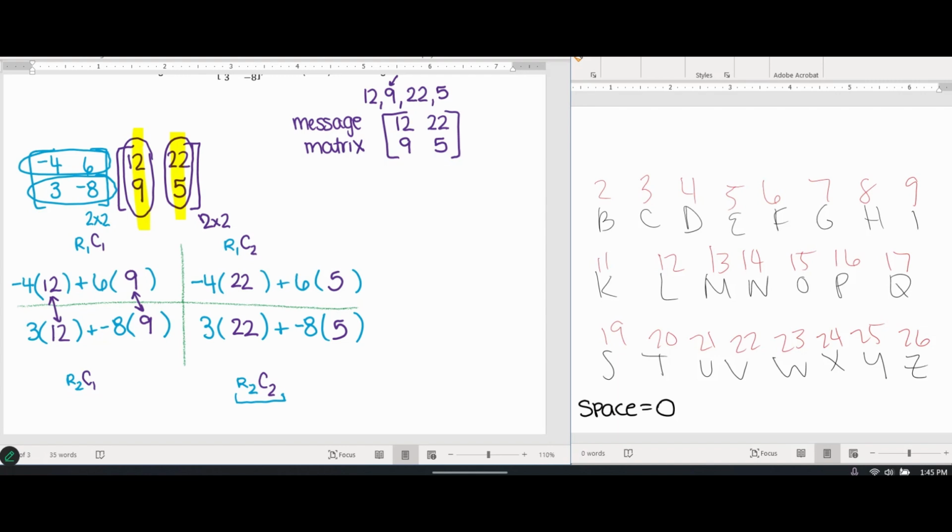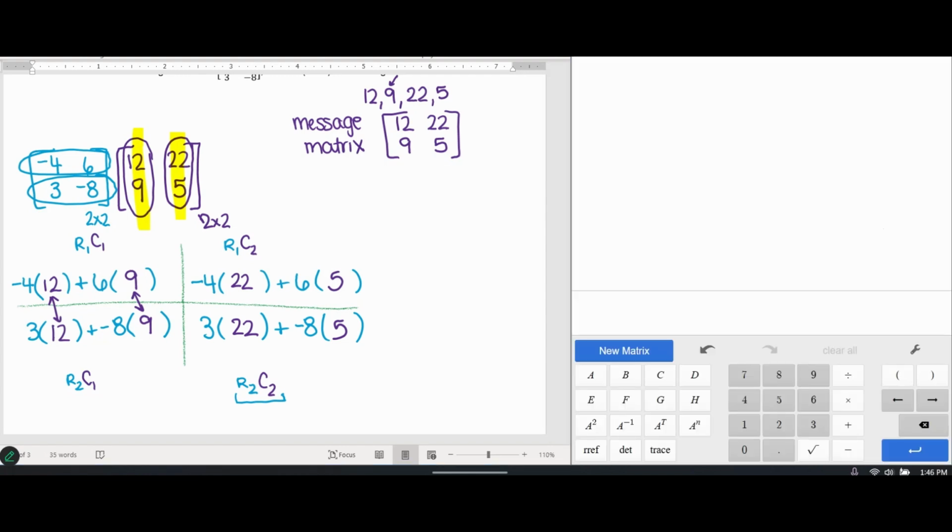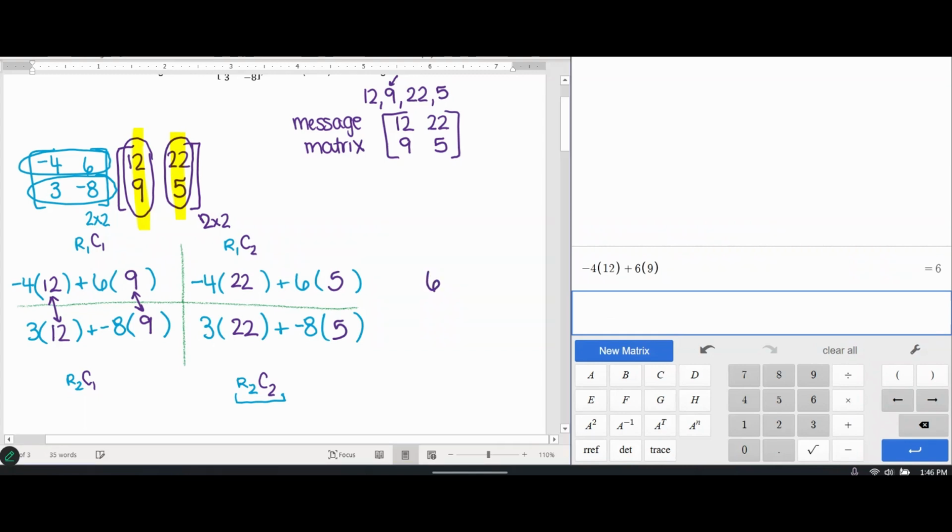And then we go to our calculators. We're going to take negative 4 times 12 plus 6 times 9, and we get 6. We're going to take negative 4 times 22 plus 6 times 5, and we get negative 58.